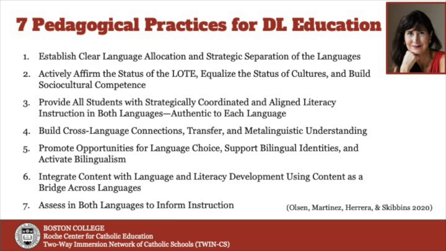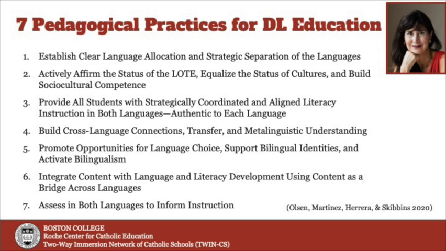3, provide all students with strategically coordinated and aligned literacy instruction in both languages, using authentic ways for each system. 4, build cross-language connections, transfer and metalinguistic understandings. 5, promote opportunities for language choice, support bilingual identities, and active bilingualism.